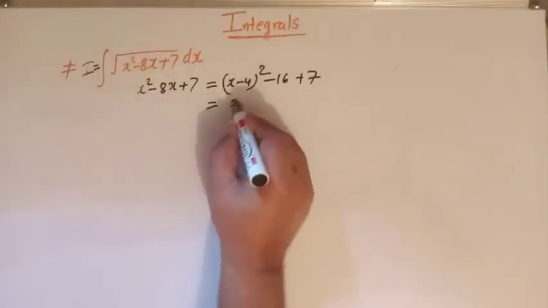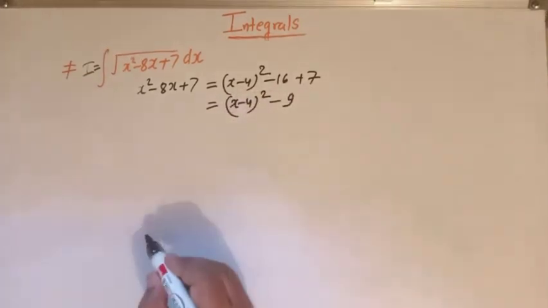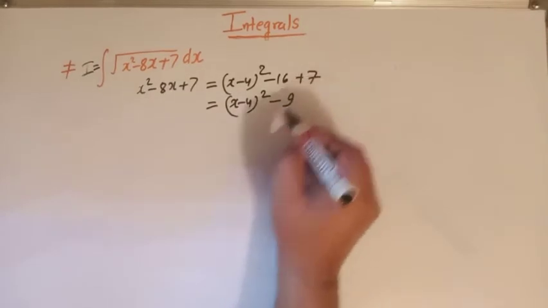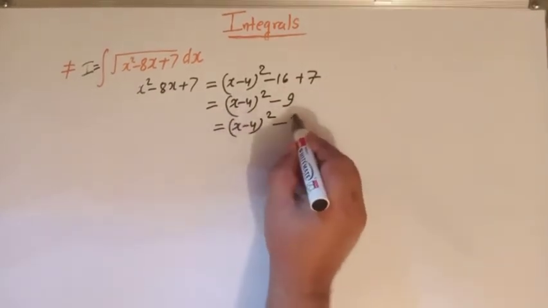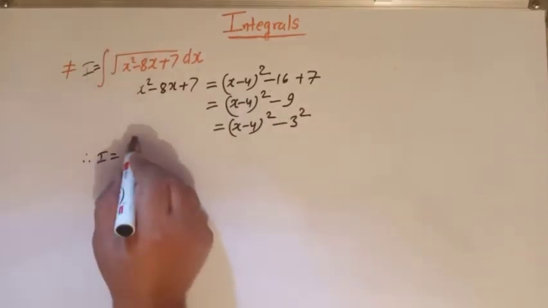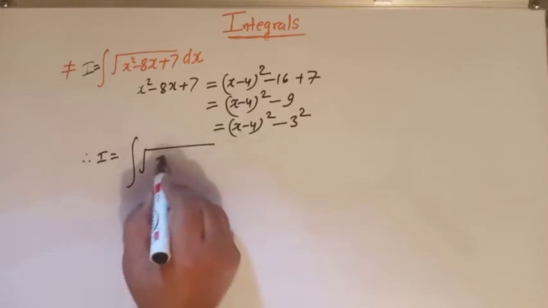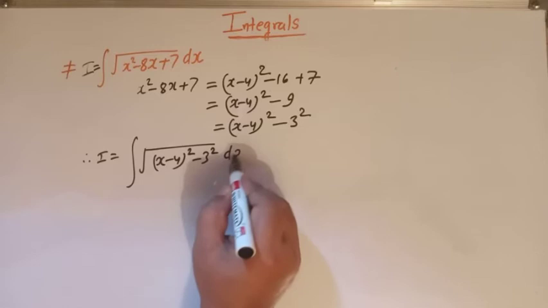Now here we can write it as (x minus 4) square, and we have minus 16 plus 7 as minus 9. This can be written as (x minus 4) square minus 3 square. So therefore this integral I can be written as the integral of the square root of (x minus 4) square minus 3 square dx.